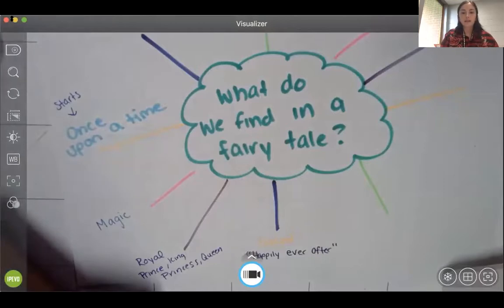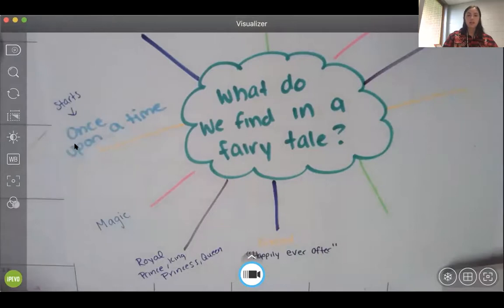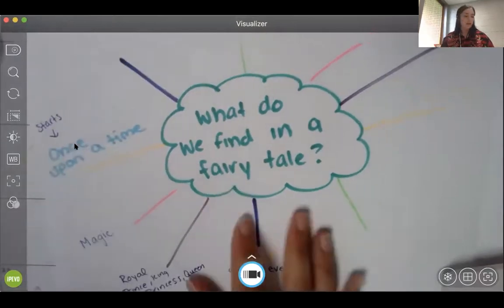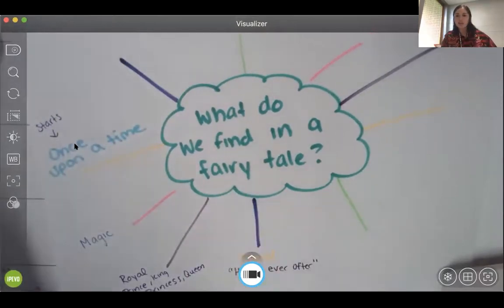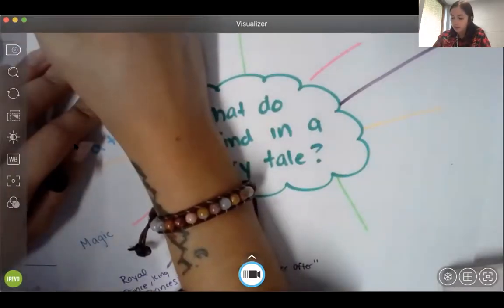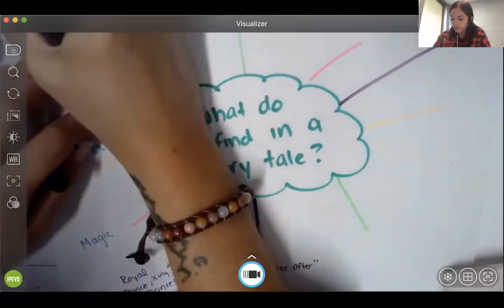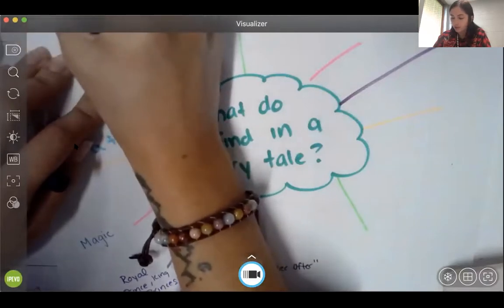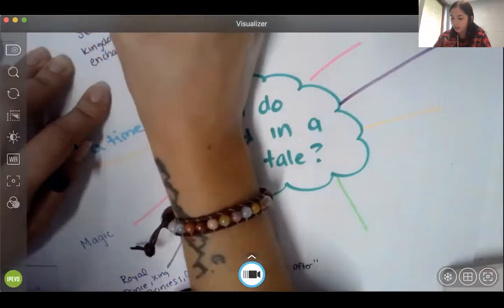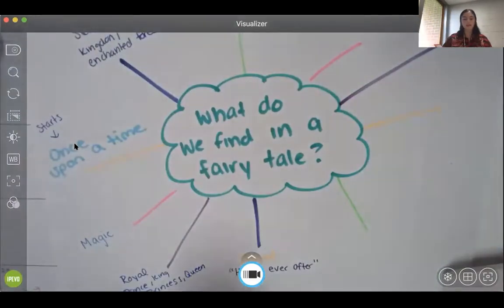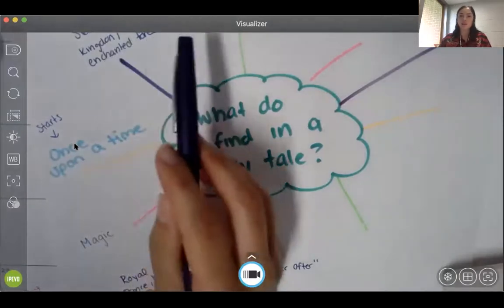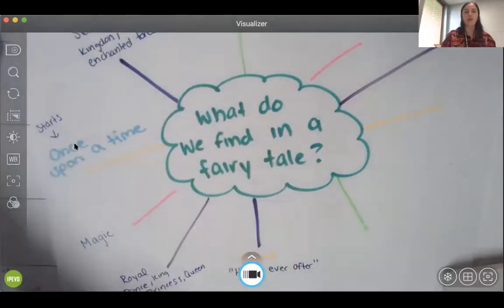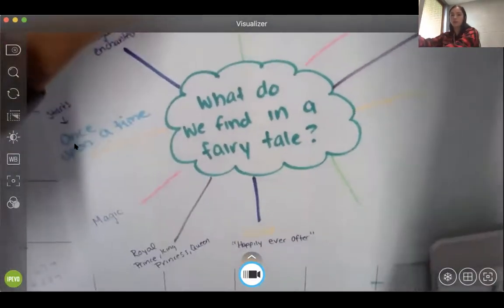What else? So setting, where the story takes place. So a kingdom, an enchanted forest, or a spooky forest, something like that, okay? So maybe you could start out once upon a time in a kingdom, enchanted forest, a village, wherever you want your story to take place.